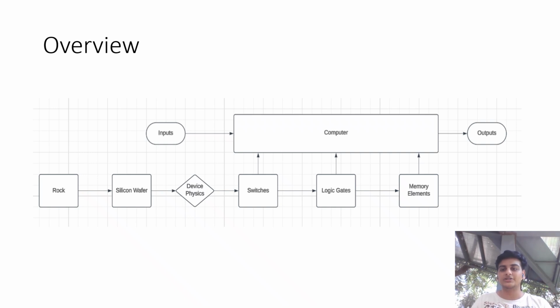So, if you're watching this on your laptop, the inputs that you give to your computer are literally the keystrokes you put in or the mouse clicks, which down the line interact with these switches, logic gates, and memory elements. And the outputs are what you see on your screen, right? So there's a lot of complicated abstraction that happens in the middle, but in a very fundamental sense, this is how a computer works.